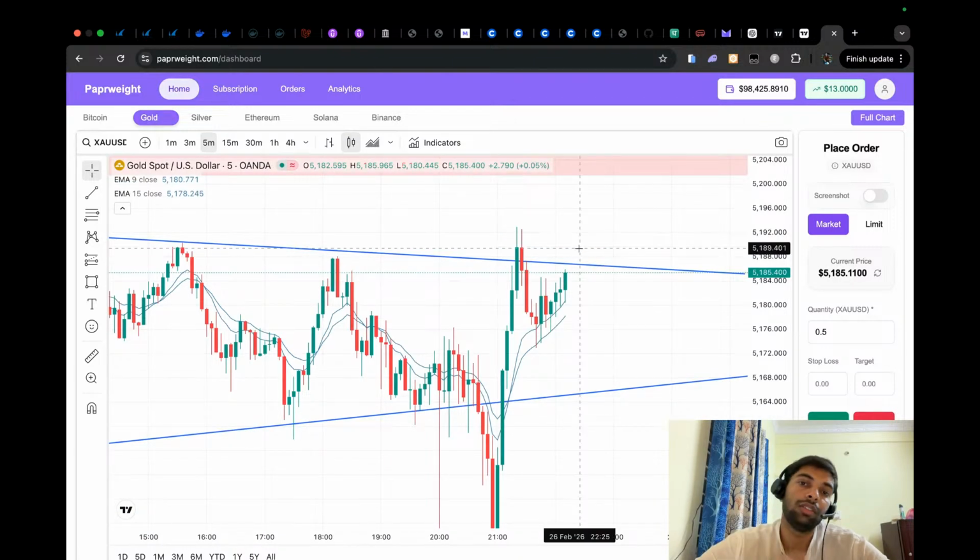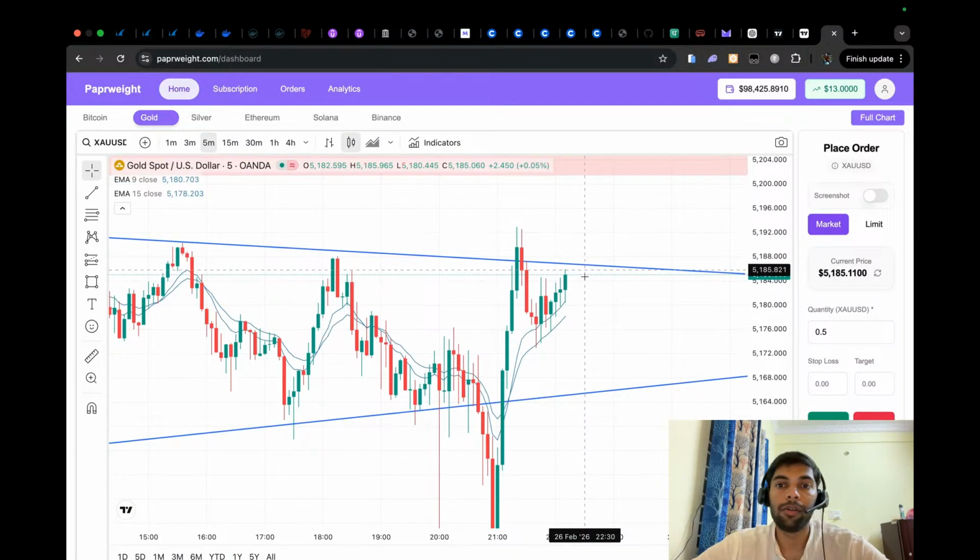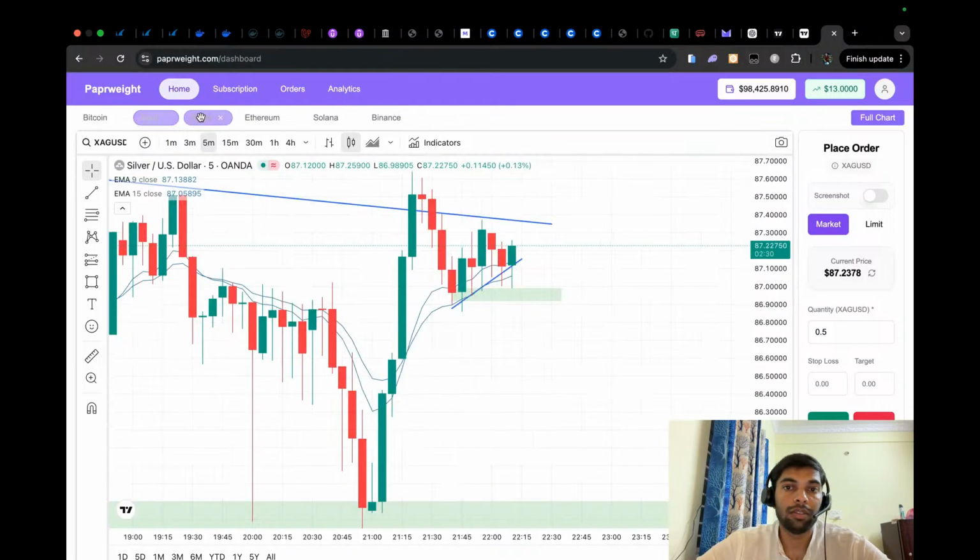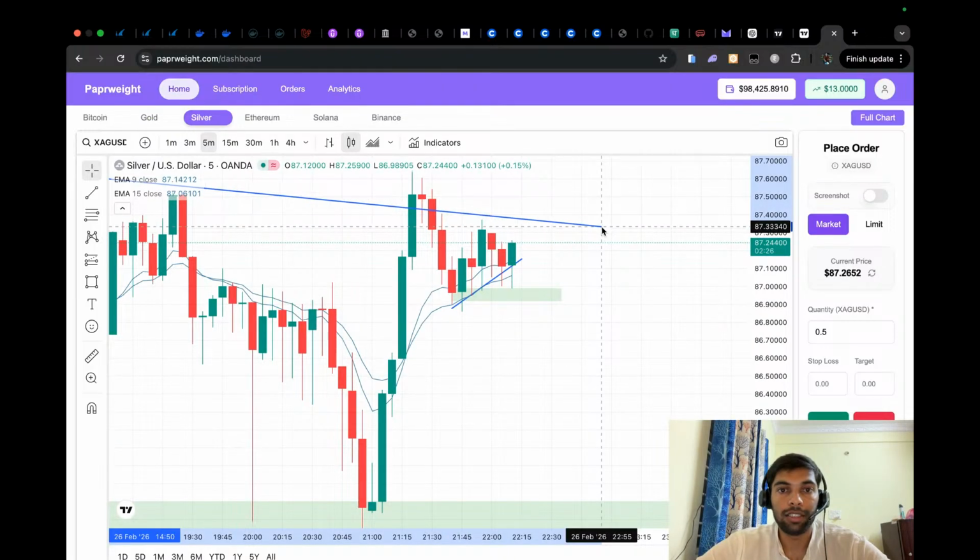Gold is testing its rejection zone again. Silver is also testing its rejection zone again. Let's see.